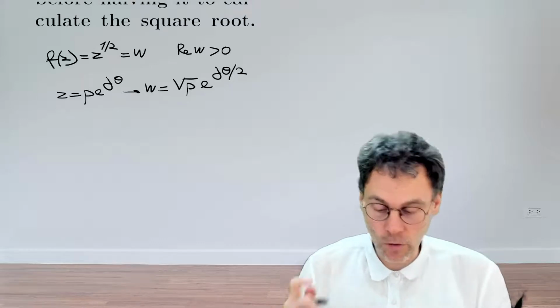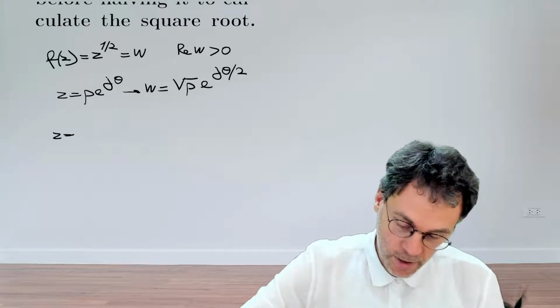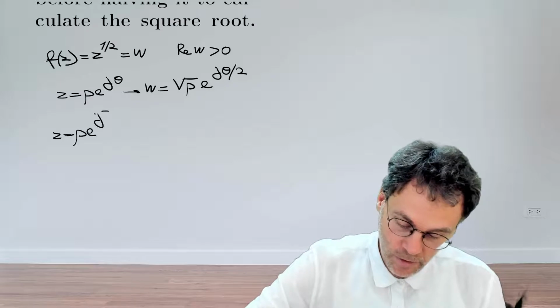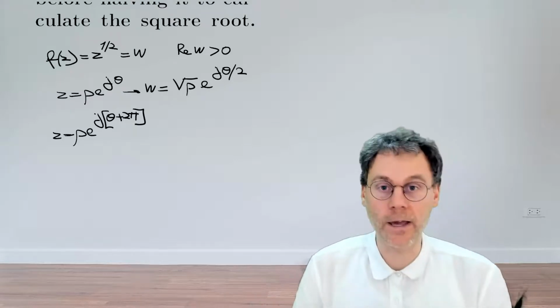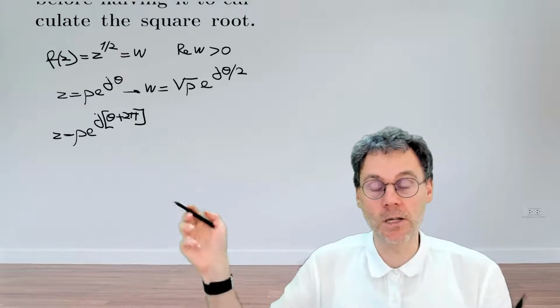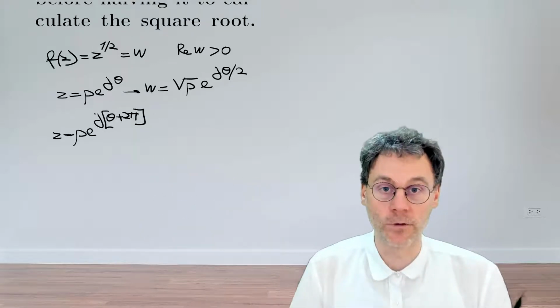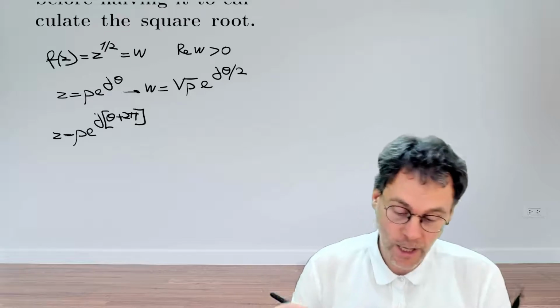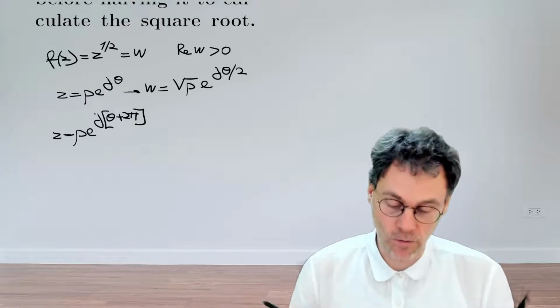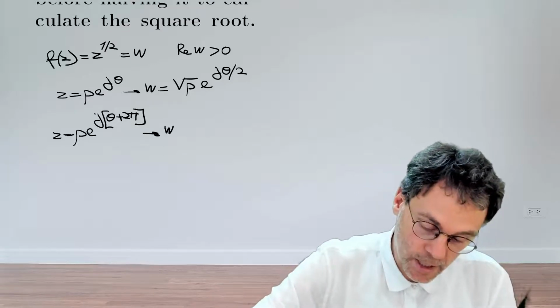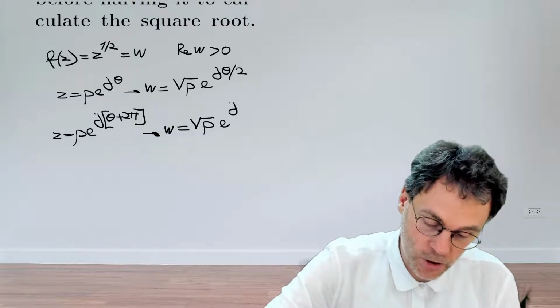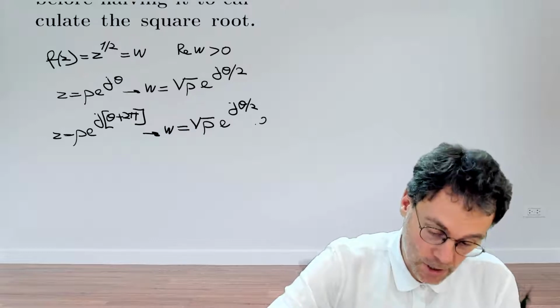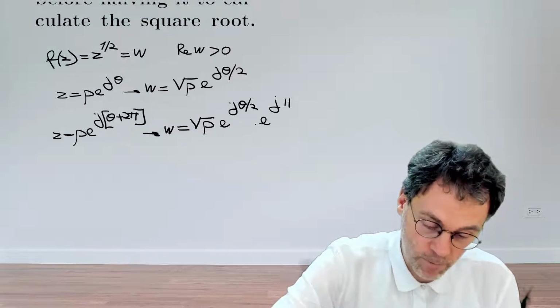Now you also know that if in the z-plane you just add an extra 2 pi to our angle theta, that this will not make any difference. So this point z just stays where it is, even if you add multiples of 2 pi. However, if you now use this expression to naively, straightforwardly calculate the square root, you will end up with the square root of rho exponential j theta over 2 times exponential j pi.